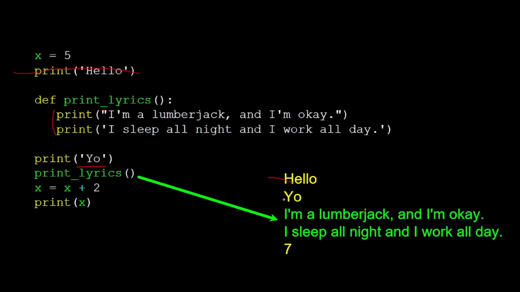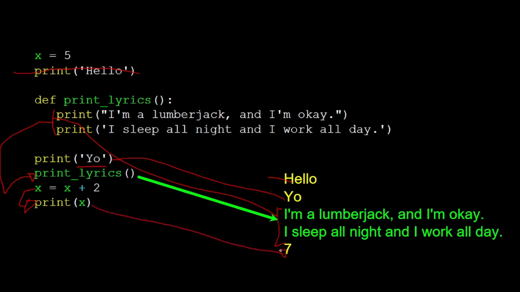These two lines of display are for the function: when we call the function name here, these two lines are displayed. Then after this execution, when we print x, this output is displayed. This is how custom functions work in Python.